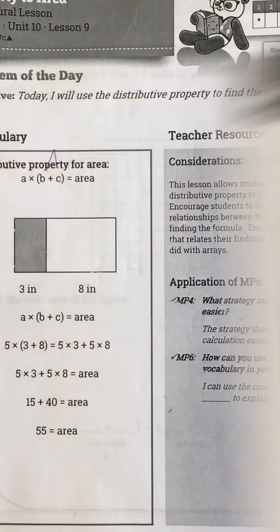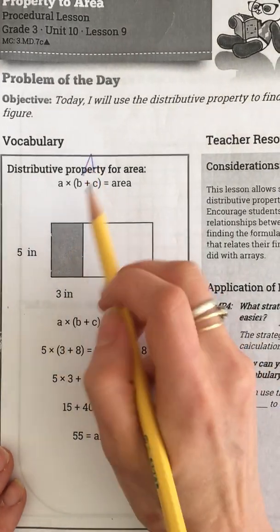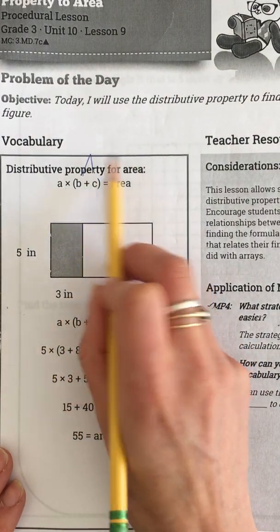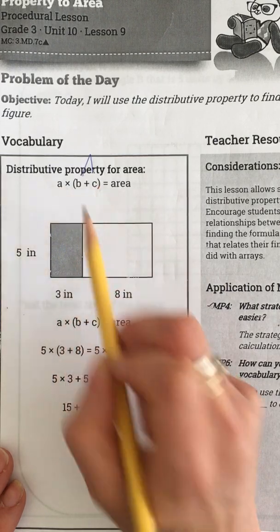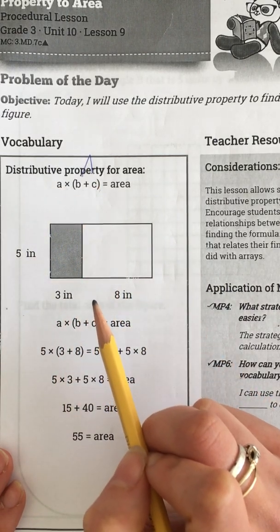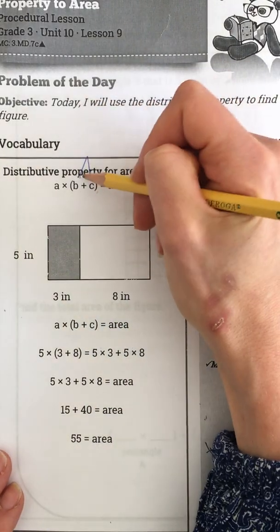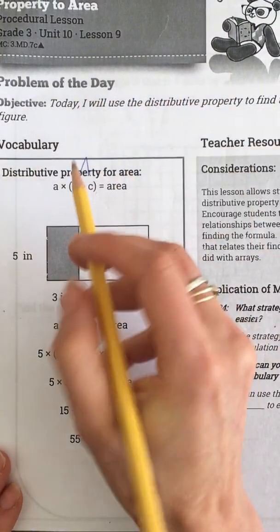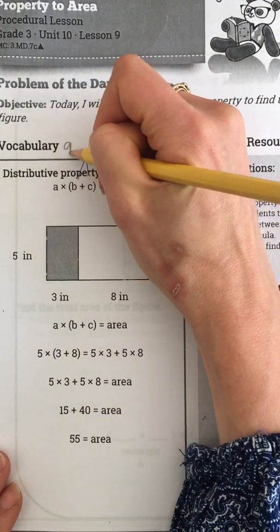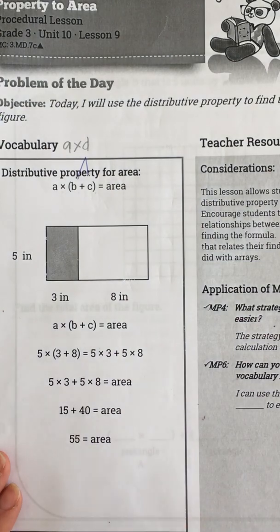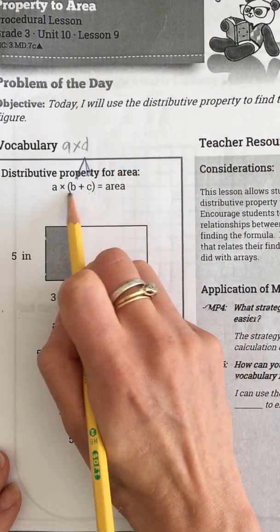Okay? So now on to the distributive property for area. If you were on my phone call with me yesterday, we went over this and we said A times B plus C, that's the distributive property. When we've been doing the distributive property lately, we know that our factors, for example A times D, those are two factors. We know that we can break down one of our factors into two addends.